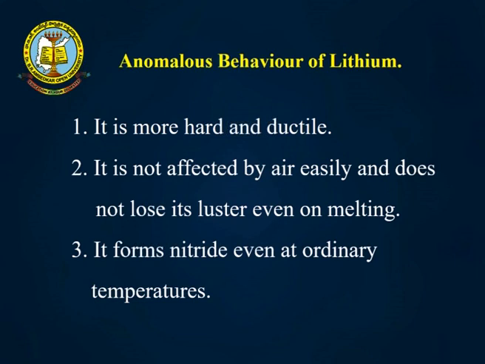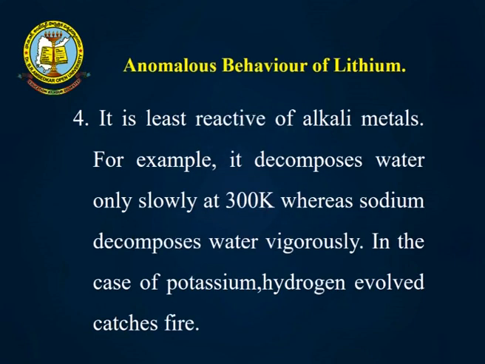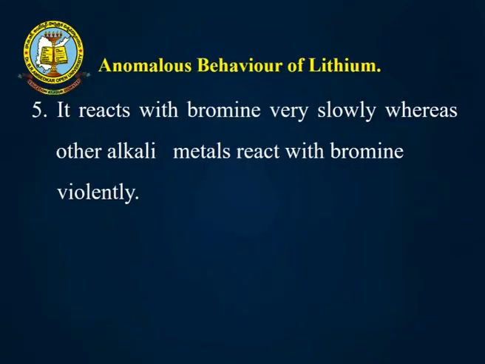It is the least reactive of the alkali metals. When you see the variety of elements in group 1, lithium is the least reactive, and it reacts with bromine very slowly, whereas other alkali metals react with bromine violently.